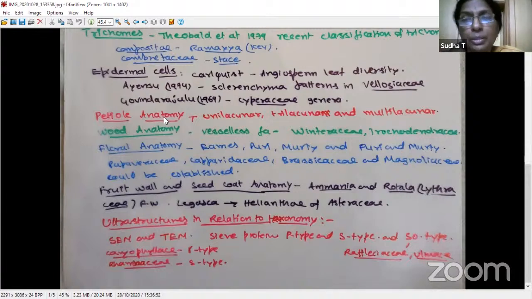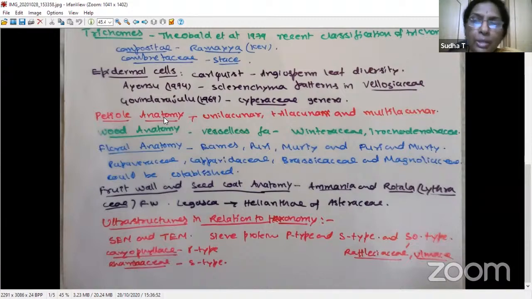We discussed that the shoot apex has a lot of complexities. The petiole is something like the stalk of the leaf. It arises from the stem, is it not? So how the vascular bundle enters the petiole is very interesting to study.